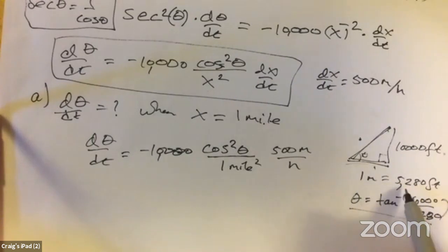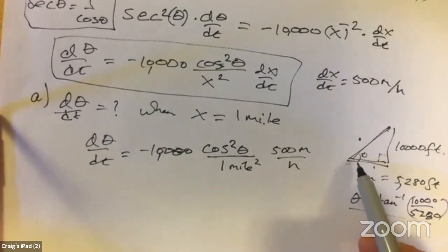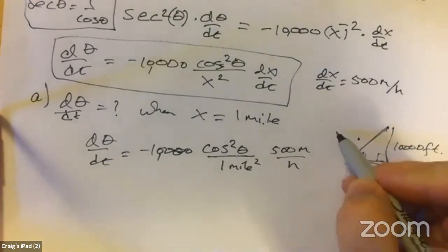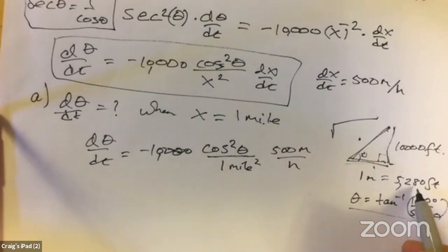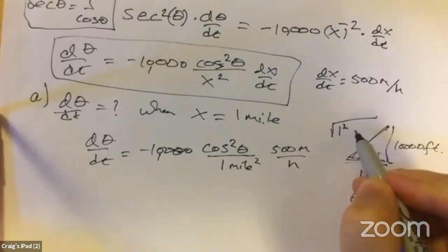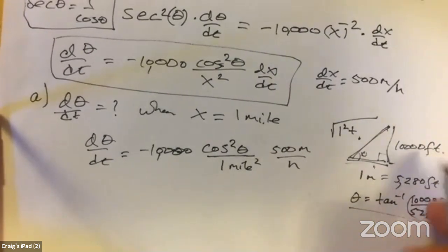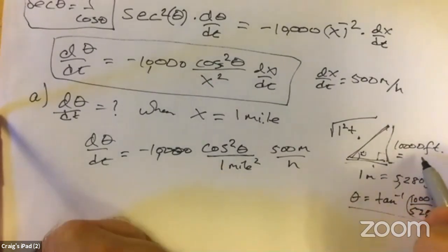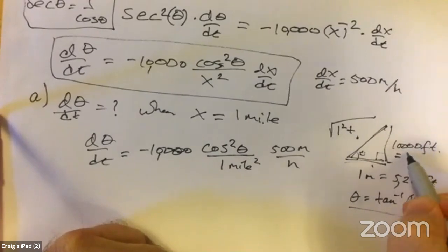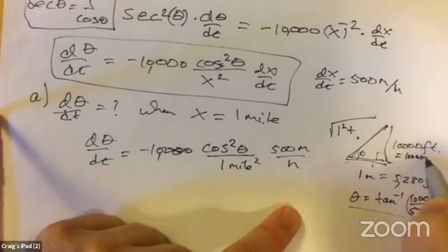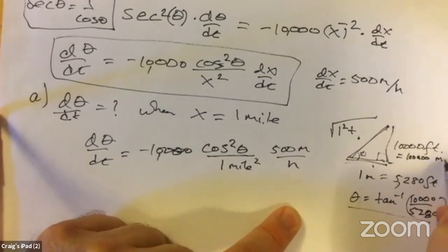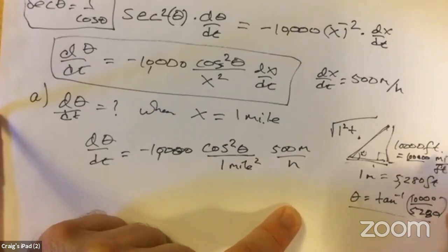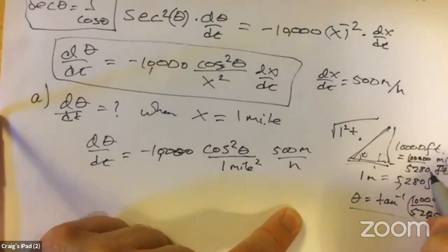And so the hypotenuse will be the square root of this squared plus this squared, and that'll be it. So it's the square root of 1 mile squared plus 10,000 feet divided by 5,280 feet per mile.